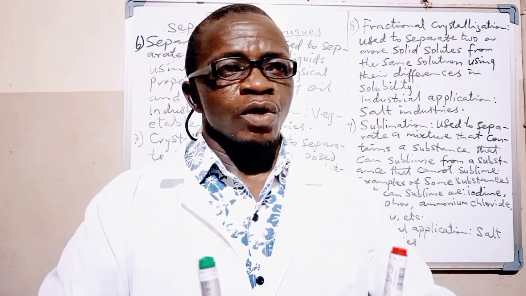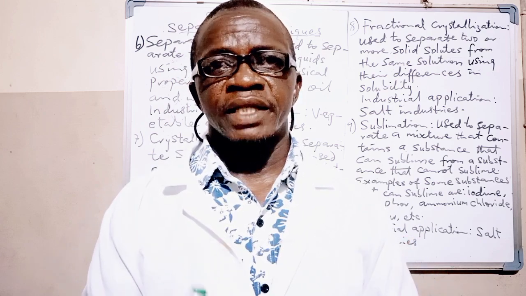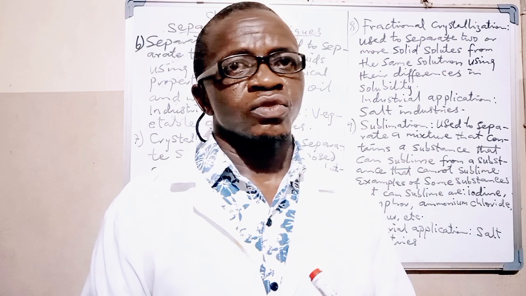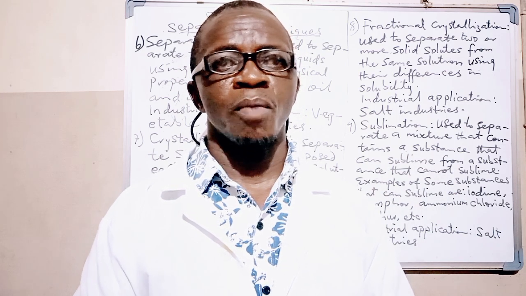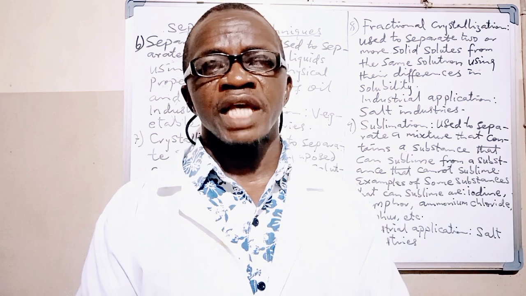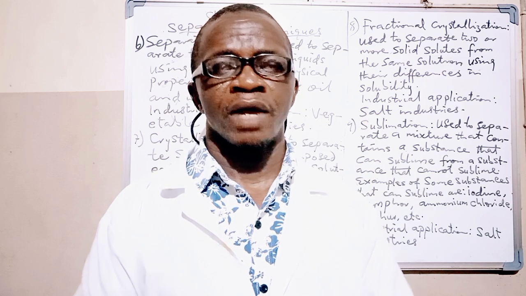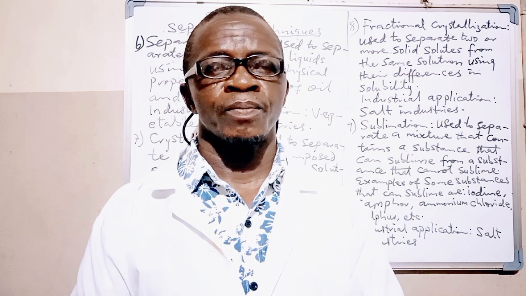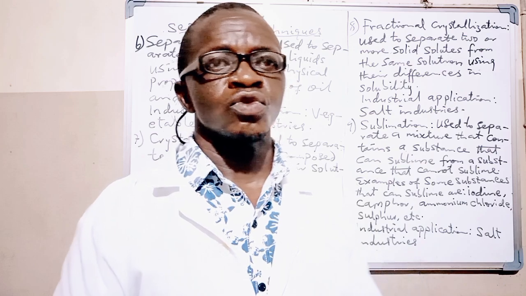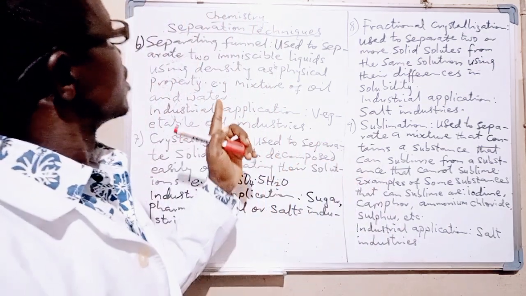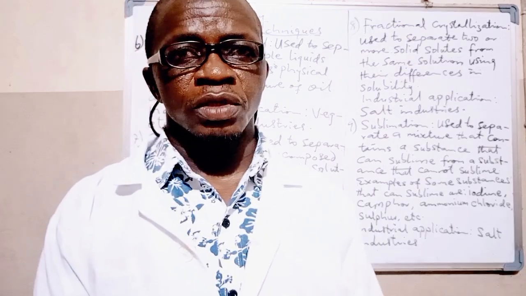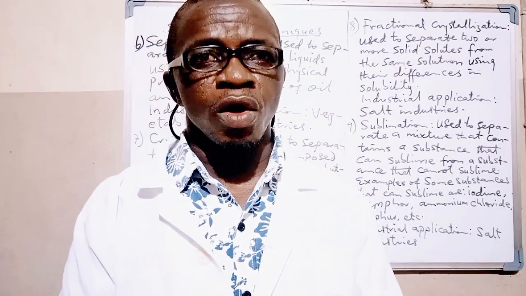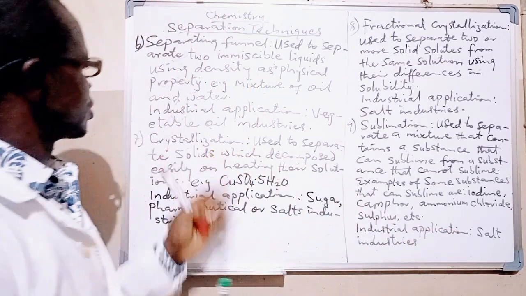Those that you can apply that technique to are those salts that can withstand high temperature without decomposing. But when you see a salt that cannot withstand high temperature, it will decompose. You use crystallization on such a salt, the one you know will decompose.